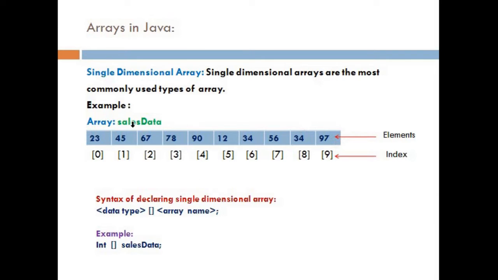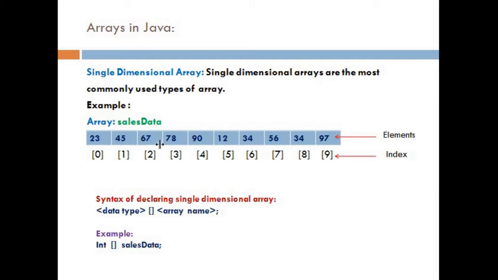And if you see here, each element of the array is stored one after another in sequential manner. When elements are stored one after another in this fashion, we say that the elements are stored in sequential manner. So in this array called sales data, the elements are stored one after another, which is sequential in nature. Now again, each of these elements inside the array called sales data are stored in their respective memory locations.